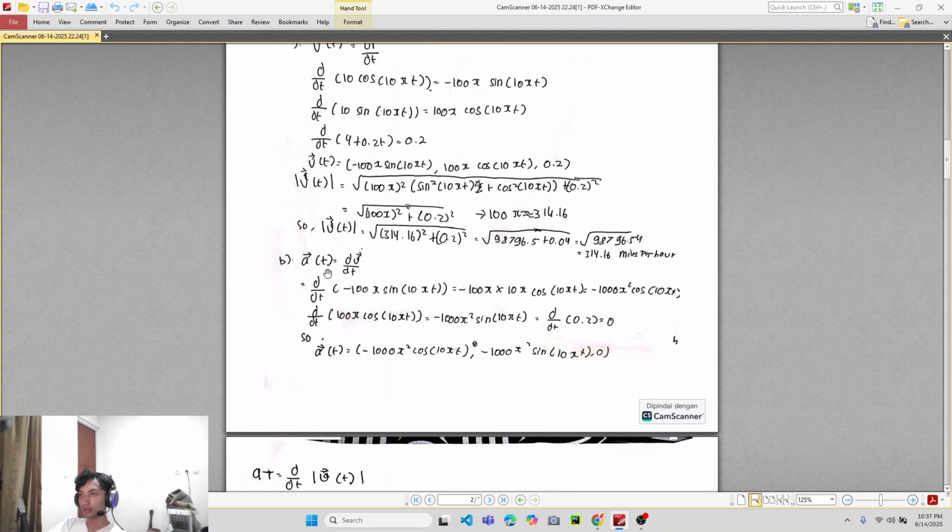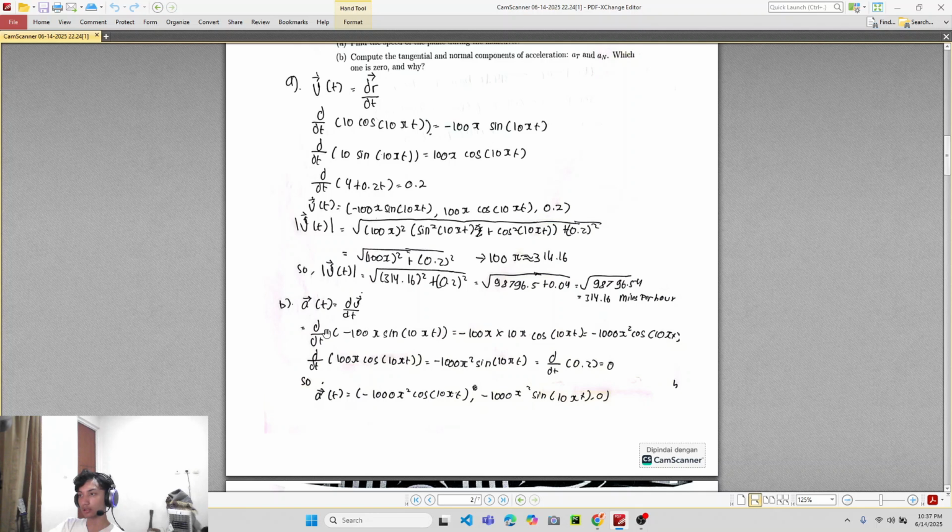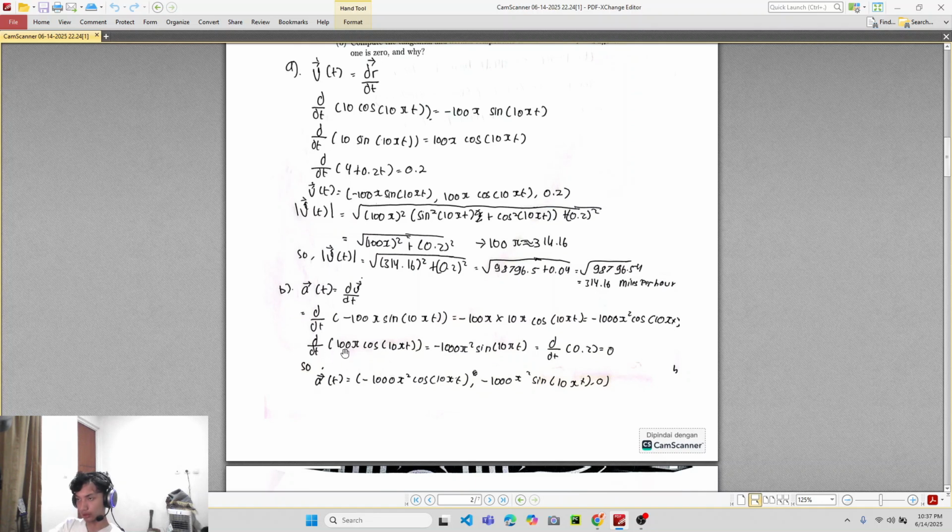Okay, so how to find it? We need to find a, which is dv/dt. So again, d/dt of -100π sin 10πt is equal to -100π times 10π cos 10πt, equals -1000π² cos 10πt. And d/dt of 100π cos 10πt is equal to -1000π² sin 10πt. And d/dt of 0.2 is 0.